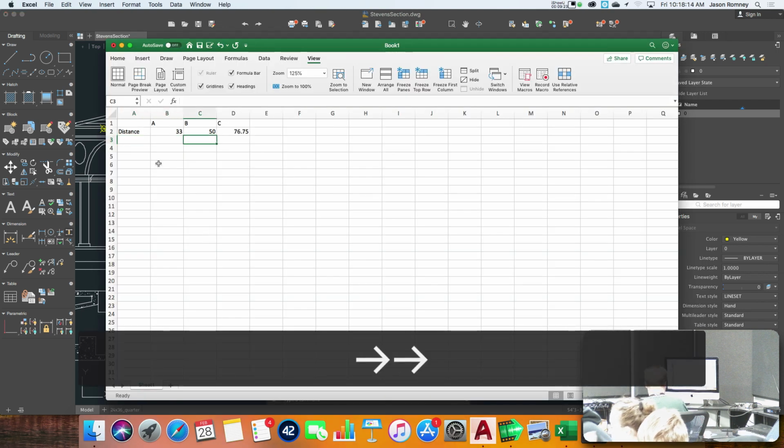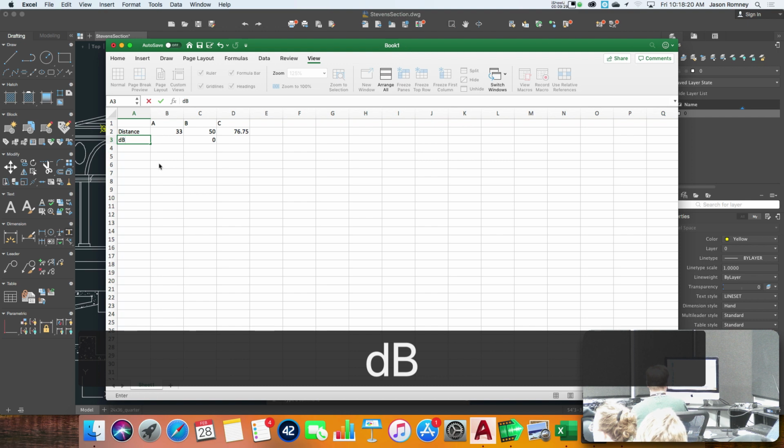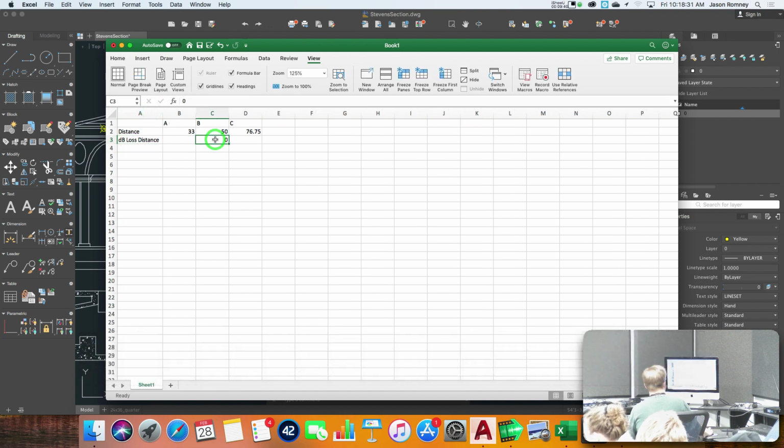I'm going to put a 0 here, and I'm going to call this row dB loss over distance. We know we will lose some amount going to B. What I'm interested in is how much more do I lose at the other seats compared to B, because B is my theoretical highest point.